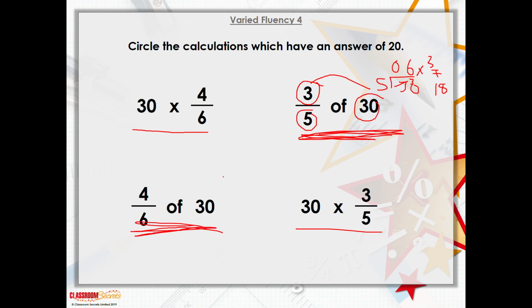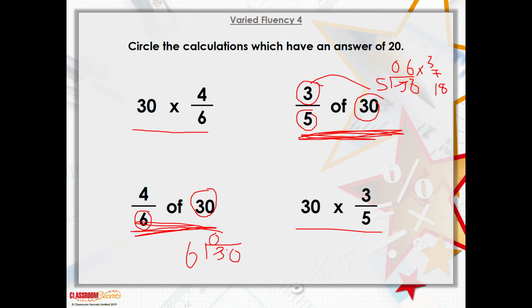4/6 of 30. So again, I've got my 30 here, and I want to divide that this time not by 5 but by 6 because that's our denominator in this fraction. 30 has been split into 6 equal parts. 6 into 3 goes 0.